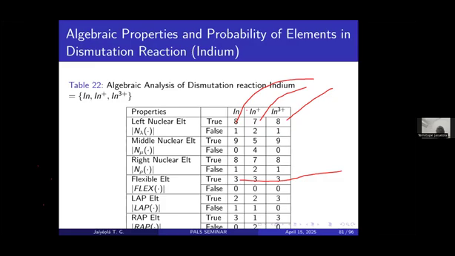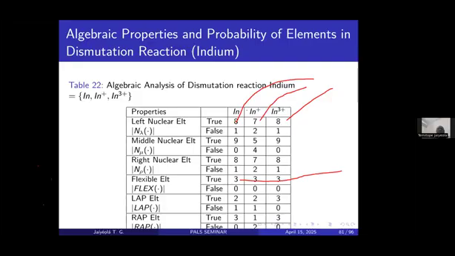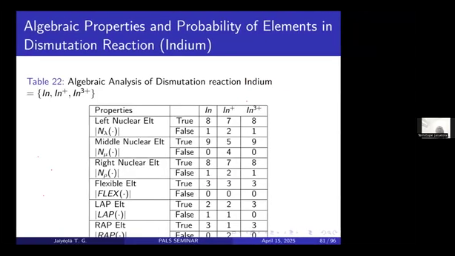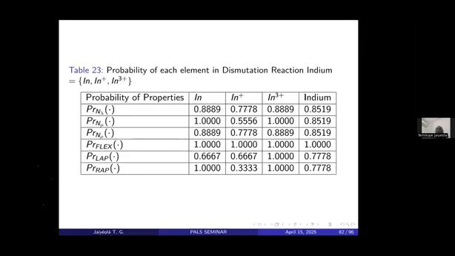Okay? So the probability for flexibility gives us 1, all true. All right?